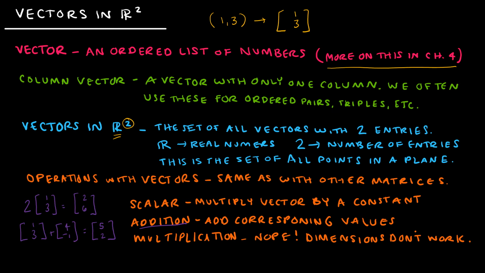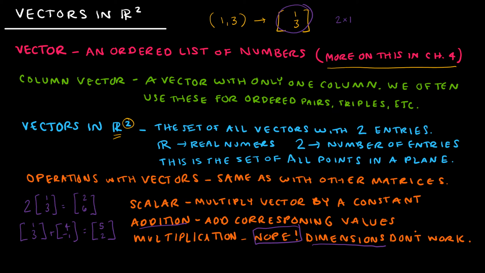For multiplication, I wrote nope, but I guess that's a little misleading. Remember that the dimensions have to work out, and so if I have a vector in R2, if we're thinking about the dimensions of this vector, this would be a 2 by 1 vector.